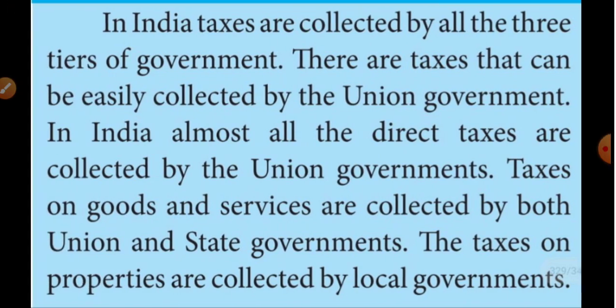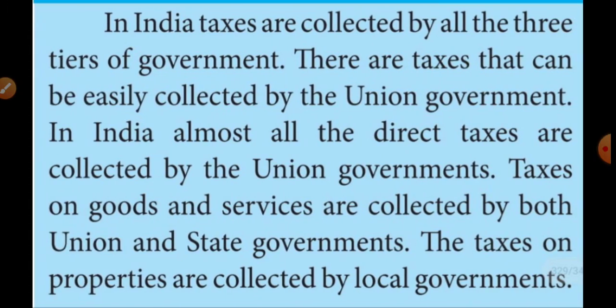Indian taxes are collected by three tiers. That means the union government collects taxes, the state government also collects taxes, and the local government also collects taxes. Almost all direct taxes are collected by the union government only. Some goods and services taxes are collected by both the union government and the state government.